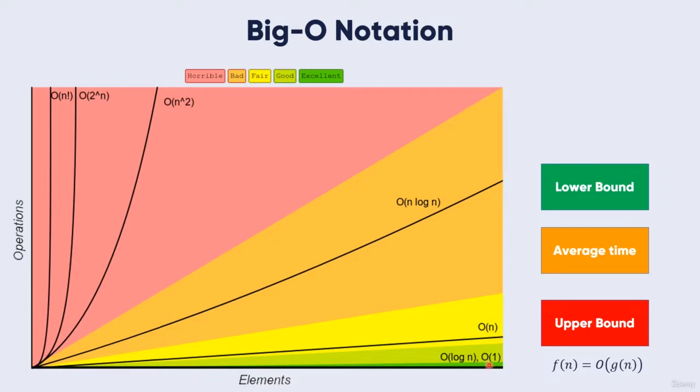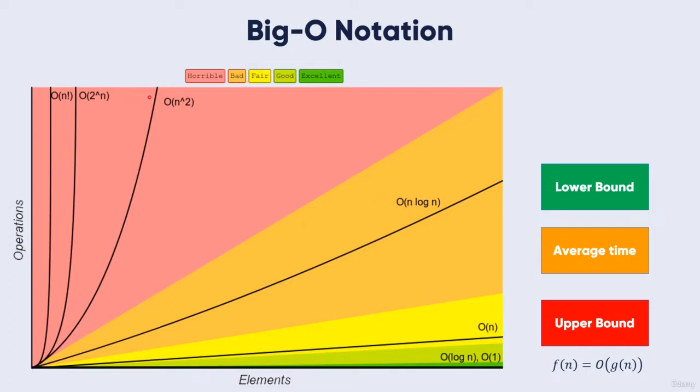So see, guys, we are moving from linear O of n to O of n log n. You see the difference here. O of 1 is excellent. Log n is good. O of n is fair. These algorithms are good, while n log n is bad.